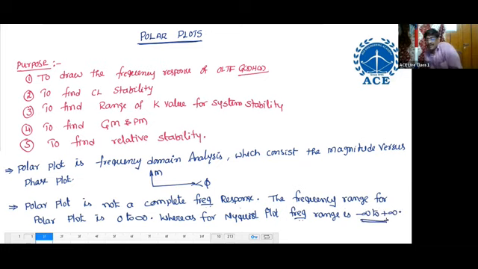The reason for taking minus infinity to plus infinity is that the encirclement concept will come. We want a complete closed path. Negative imaginary we have to consider, positive imaginary we have to consider. That's why plus or minus infinity will come in the Nyquist plots.